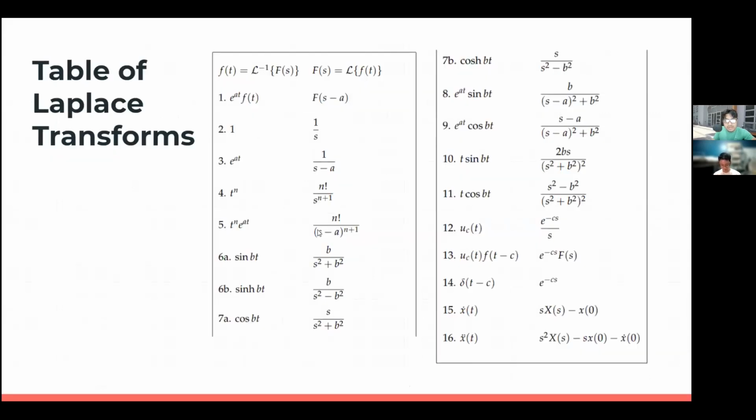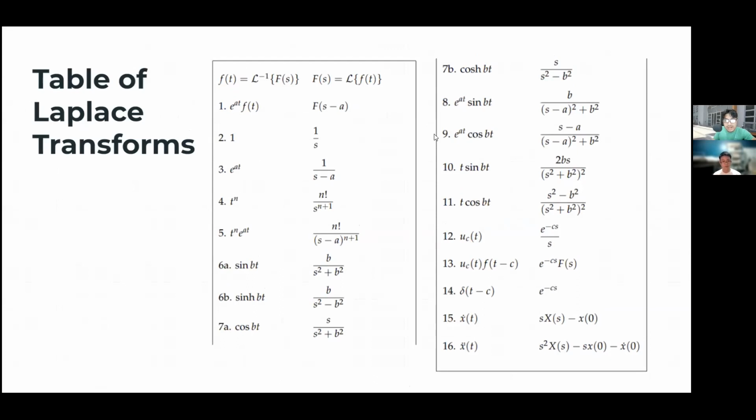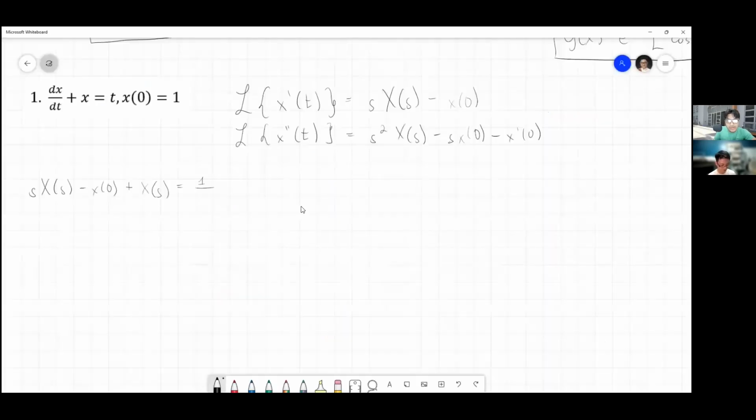Yan. So, ano yung pinakamalapit sa form niya, which is number 4. So, that is t raised to 1. So, that would just be 1 factorial over s raised to 1 plus 1. So, that is 1 factorial 1. S raised to 1 plus 1 is 2. So, that is 1 over s squared.